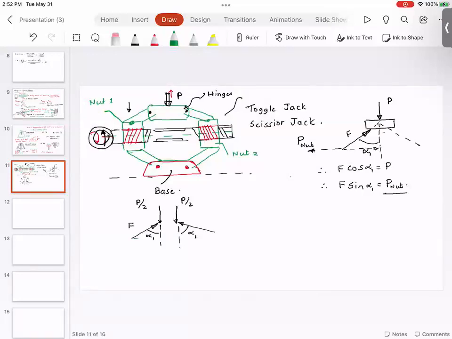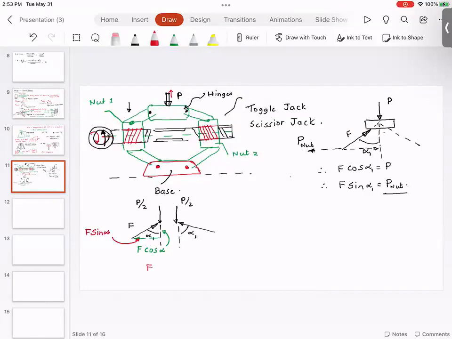And then you are going to have F cosine of alpha, that is here, and you're going to have F sine alpha, which would be here.